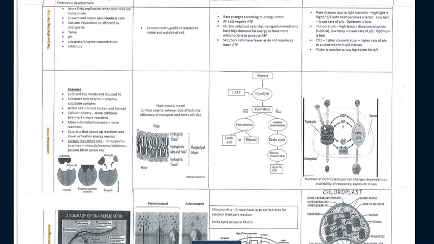So the photons of light are hitting the chlorophyll here, okay? And then we've got the water coming in, and then oxygen being produced, which is split from the water. The hydrogen, which is being split, is carried by the NADP. Okay, that's why it's NADPH, because it's got that hydrogen from here. And that's going across to the Calvin cycle.